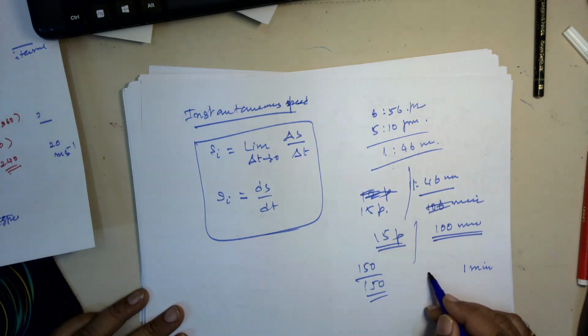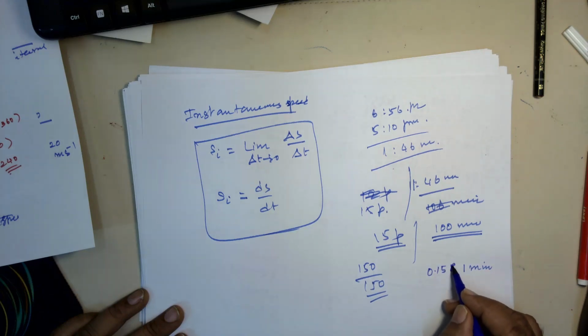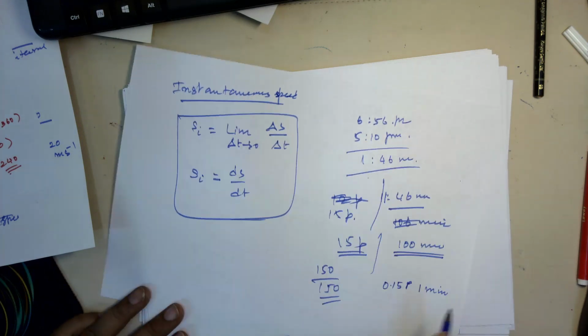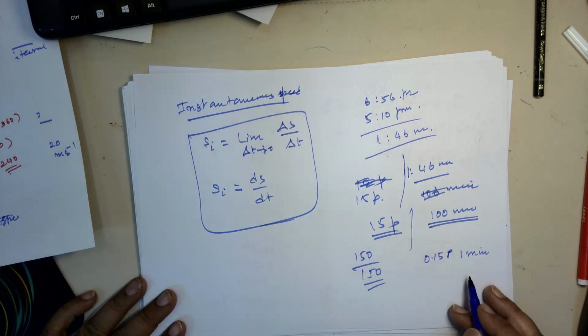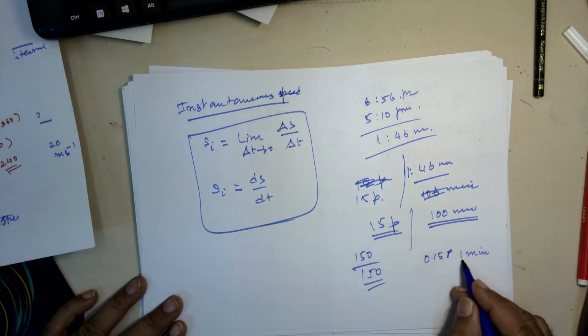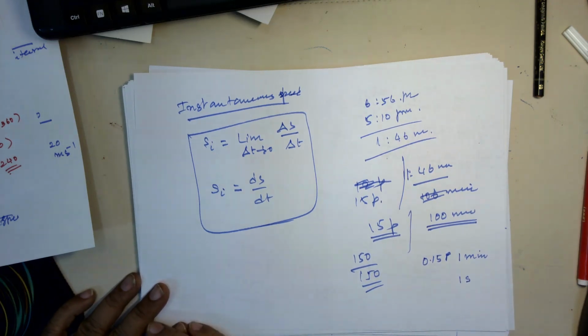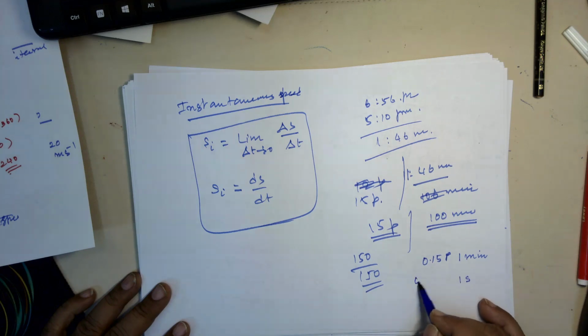How much? 0.15 page of content you would have learned from me, correct? Now let me reduce the time interval. Instead of 1 minute, I am putting 1 second. In 1 second, how much have you learned from me? That is 0.15 divided by 60.